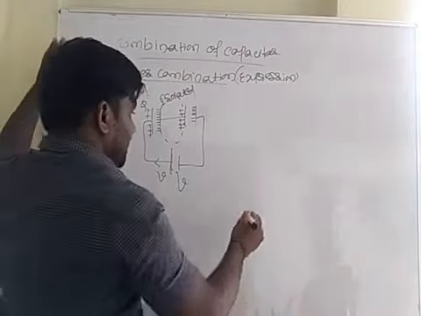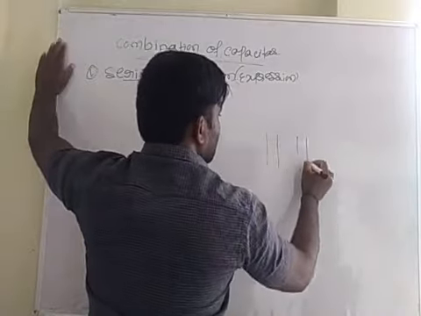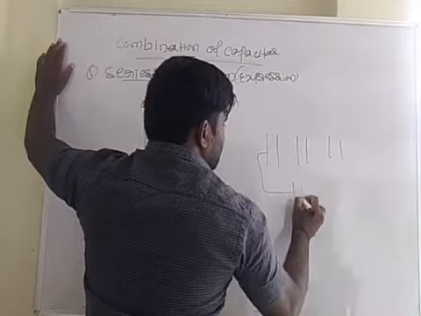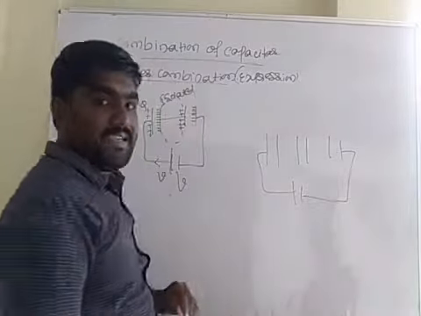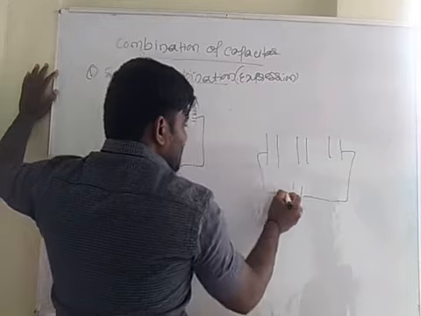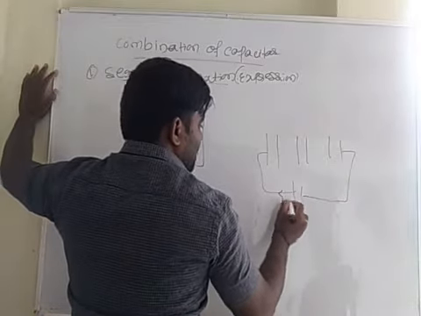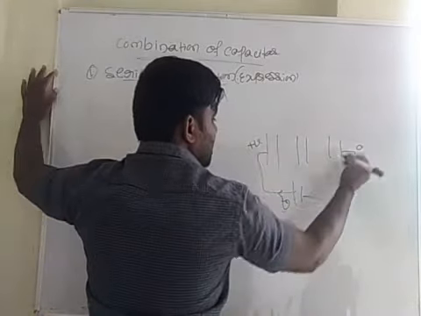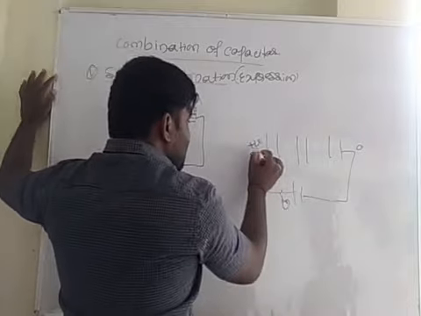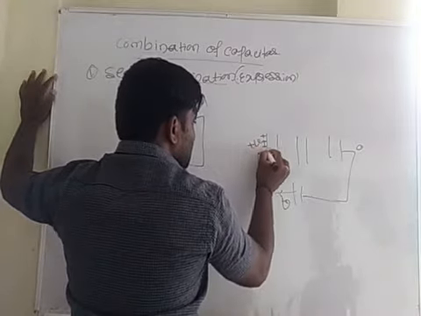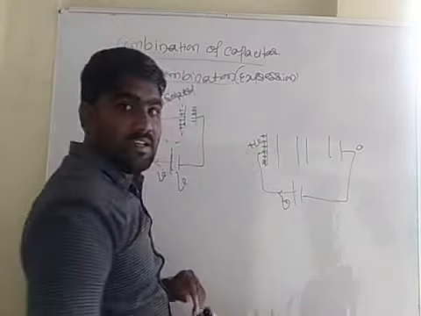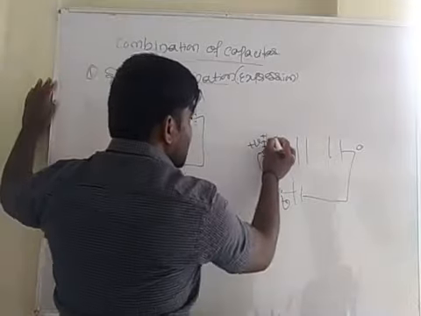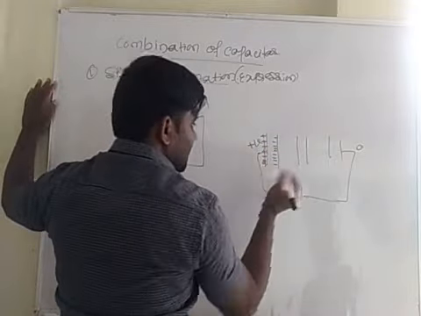See here, I am taking one more example: three capacitors connected with a battery. Potential at this point is V, at this point it will be 0. Then at this point it accumulates plus charge Q, and opposite of this it accumulates negative charge.